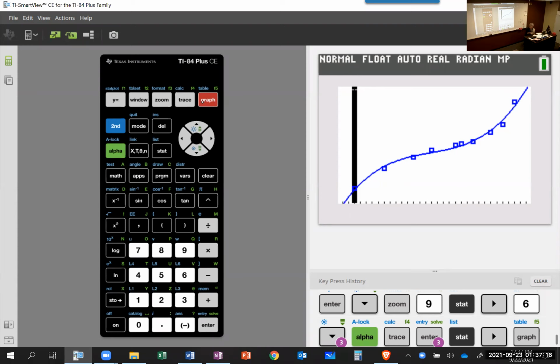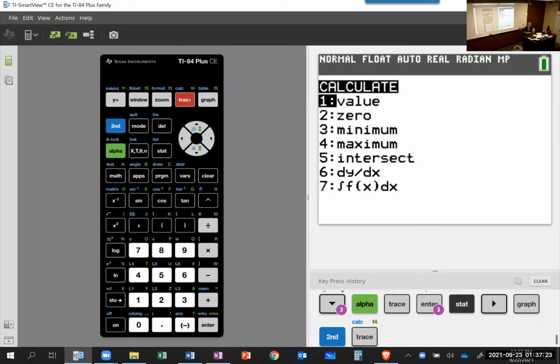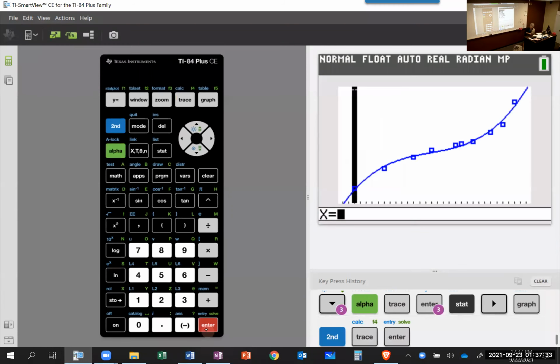Now I can actually use my calculator to do this really fast. I can go, let's see, second calc. So I can either go to the table that we already had set up, or if I only want to know one number, I can choose value. The calculator's waiting on me, asking what do you want for the value of x to be?